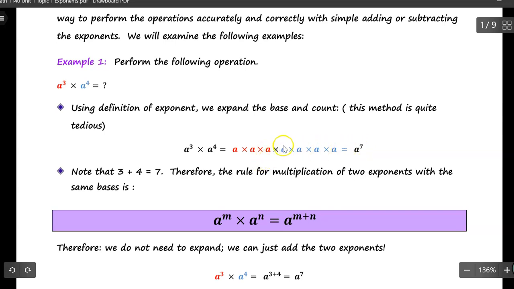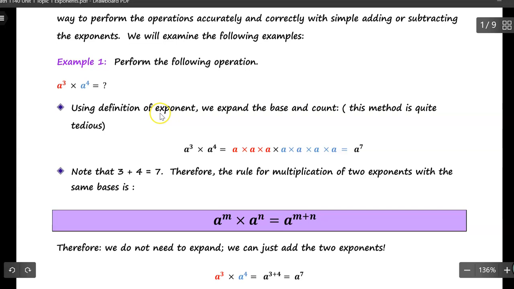It is more like I'm proving the formulas for you. If you multiply two powers with the same base, you leave the base the way it is, but you add the two exponents. We can say that the rule for multiplication of two powers with the same base is to add the two exponents.